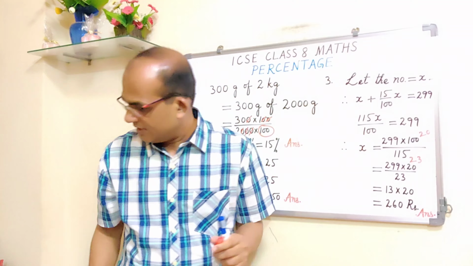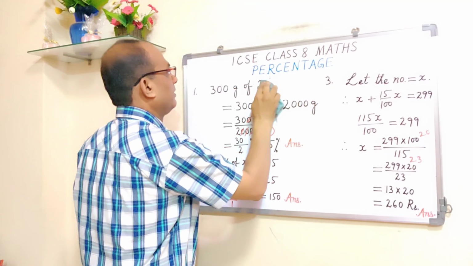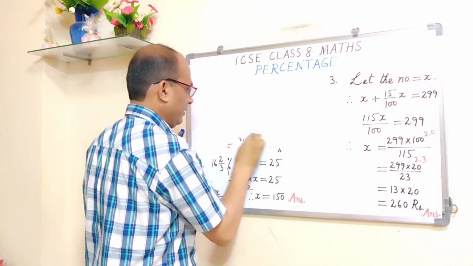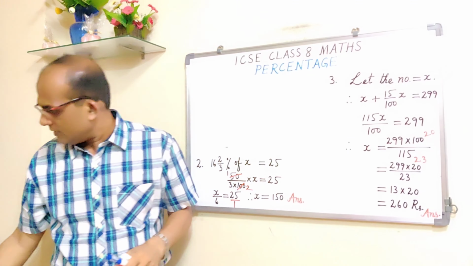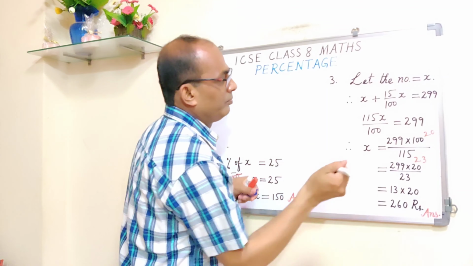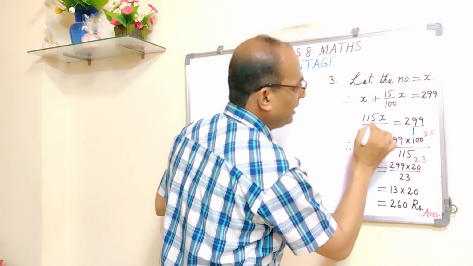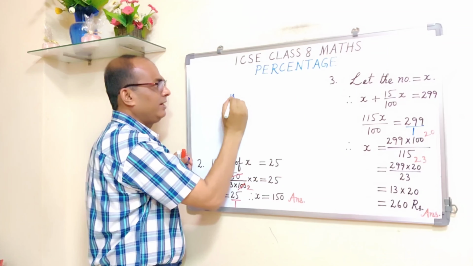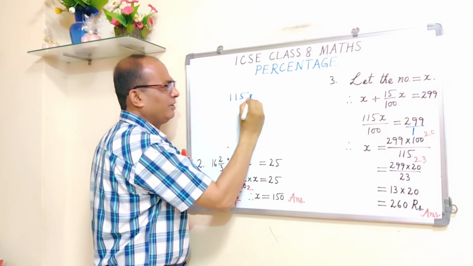Wait, let me get rid of this. Here you can write down, see, by cross multiplication you can say that here there is 1. So 115x multiplied by 1 gives you 115x, 1 and 5, right? 115x.